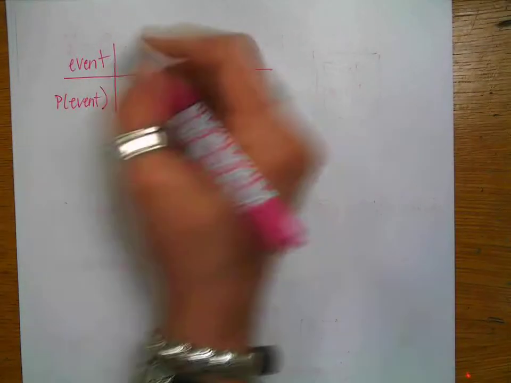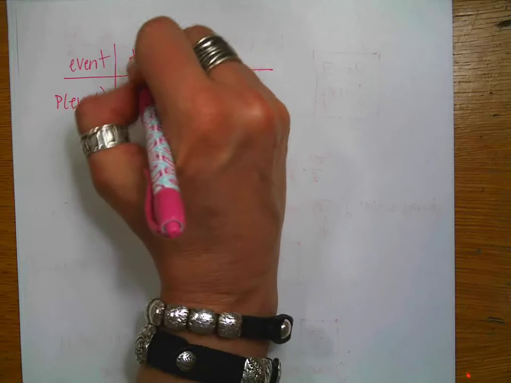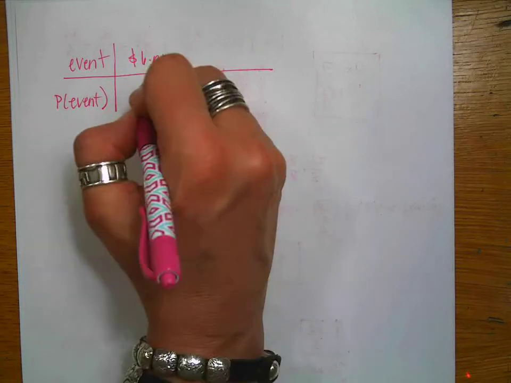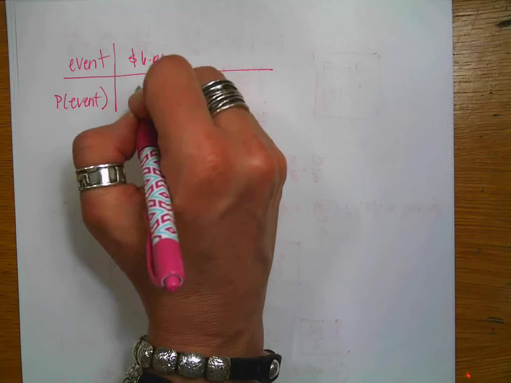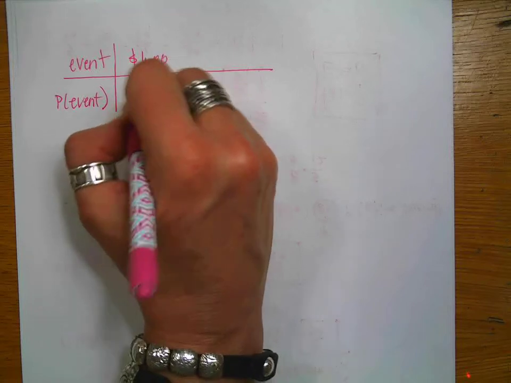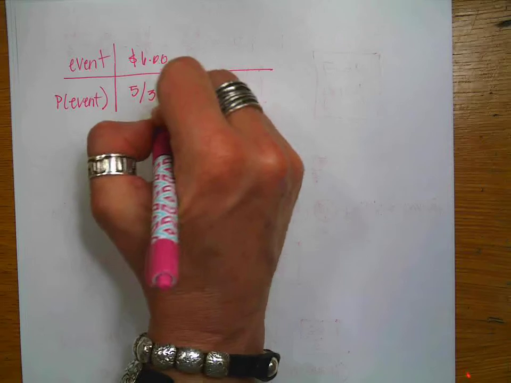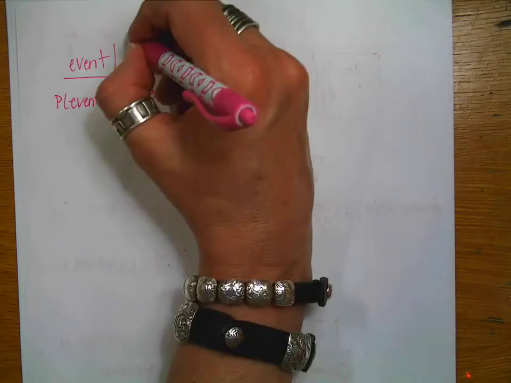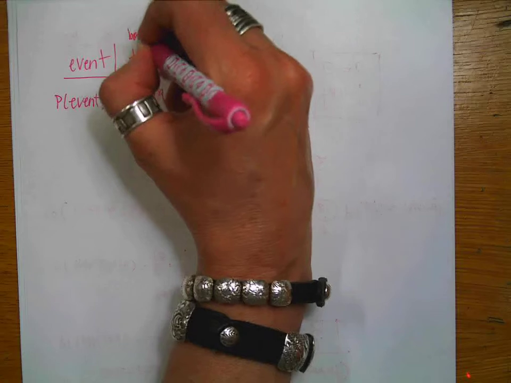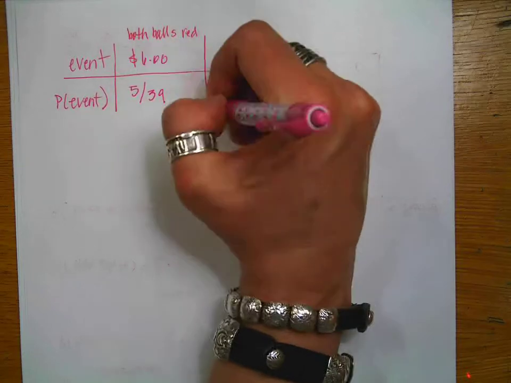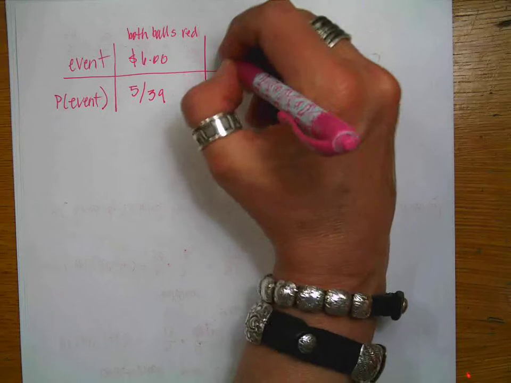Here was my event, and this was the probability of the event. So if I can win $6, that was my first event, and there are 5 of those possibilities, meaning that both balls were red, and so that was 5 out of 39. And we've already calculated these probabilities, okay? And this was both balls were red.